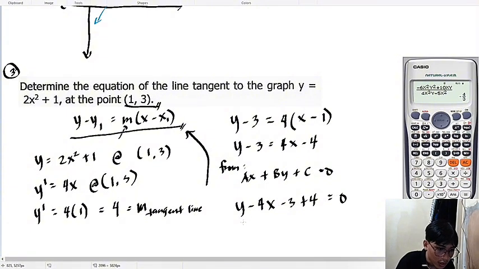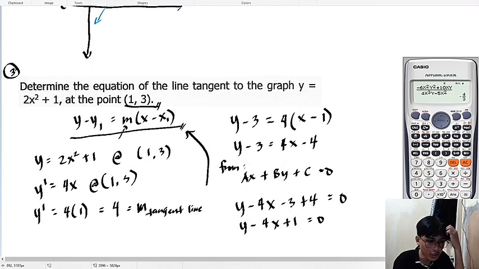Now atong i-simplify, we have here y minus 4x, negative 3 plus 4 is simply positive 1 equals to 0. And then okay lang ni siya ang answer, but to make it nga same sa atong general equation, unahon na nato ang x nga mahimo siyang positive. So we have to multiply by negative 1 para lang ma-positive niya tong negative 4x.